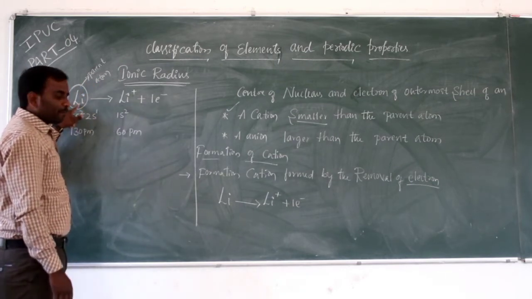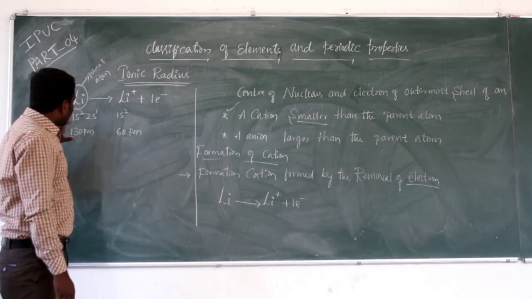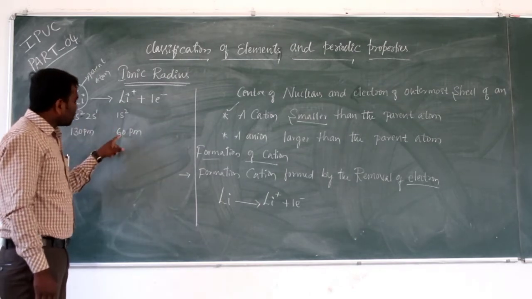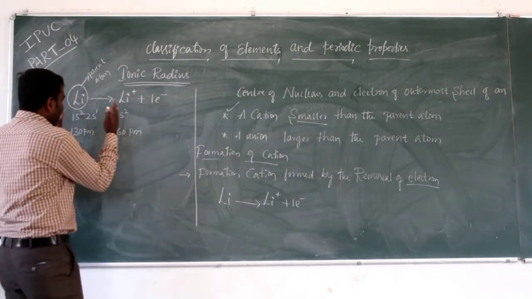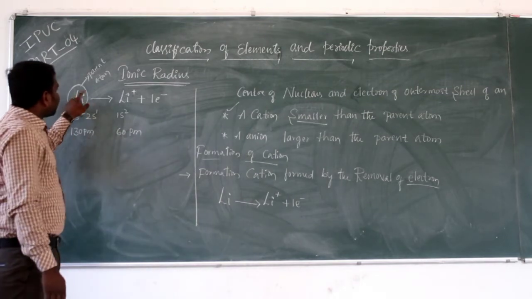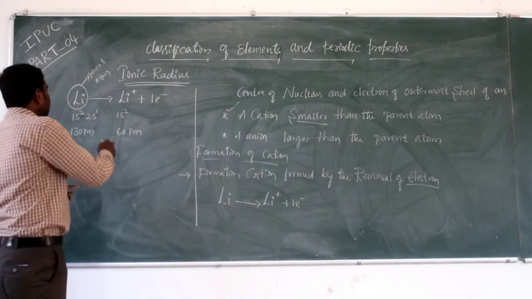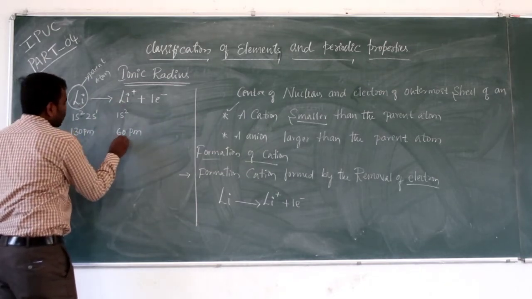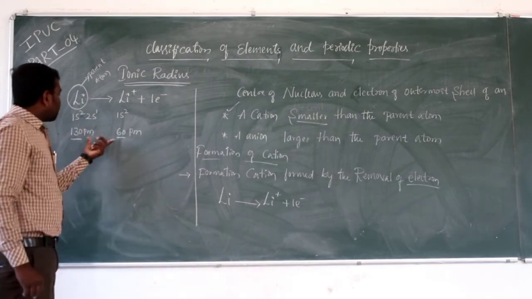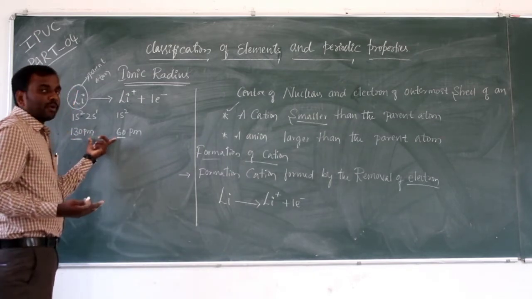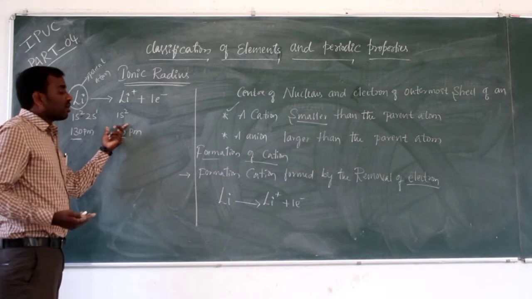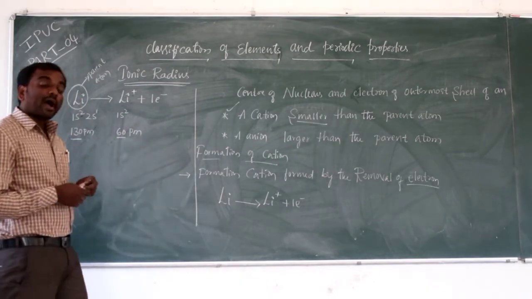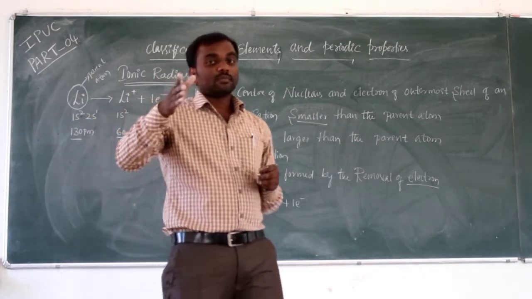Lithium atom is having 130 picometer, but lithium ion is having 60 picometer. See, comparing parent atom and cation, this cation is smaller. Comparing 60 and 130 picometer, if we compare the ionic radius, this cationic radius is smaller than the parent atom. Is it clear?